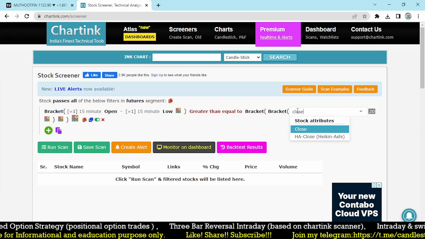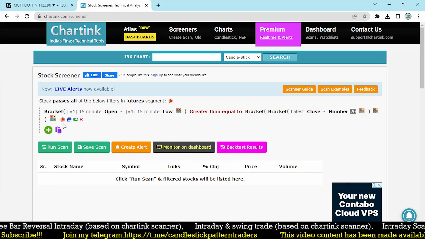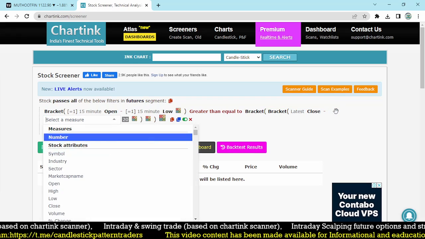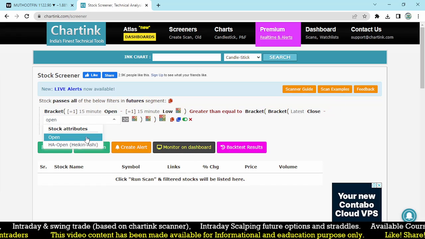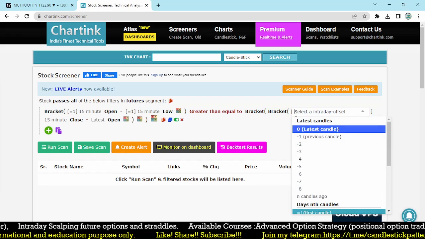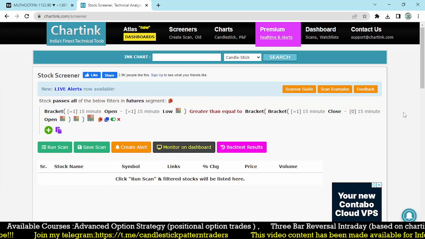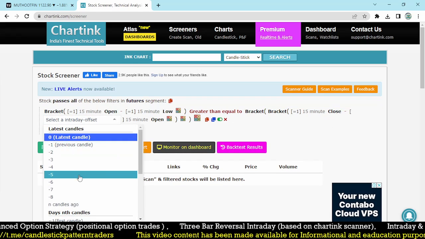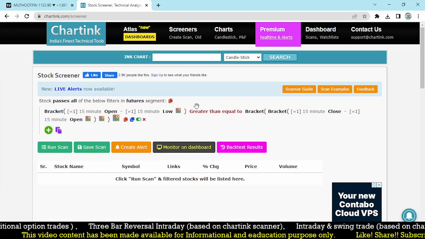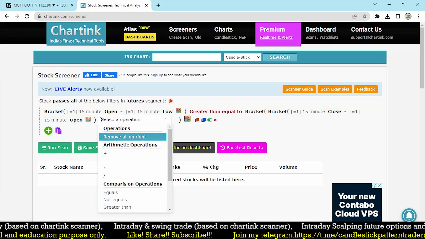So close minus open. Let me try whether it is okay. Here also we use 15 minutes, that is the first 15 minutes candle. The equal to means you are calculating the first 15 minutes candle.